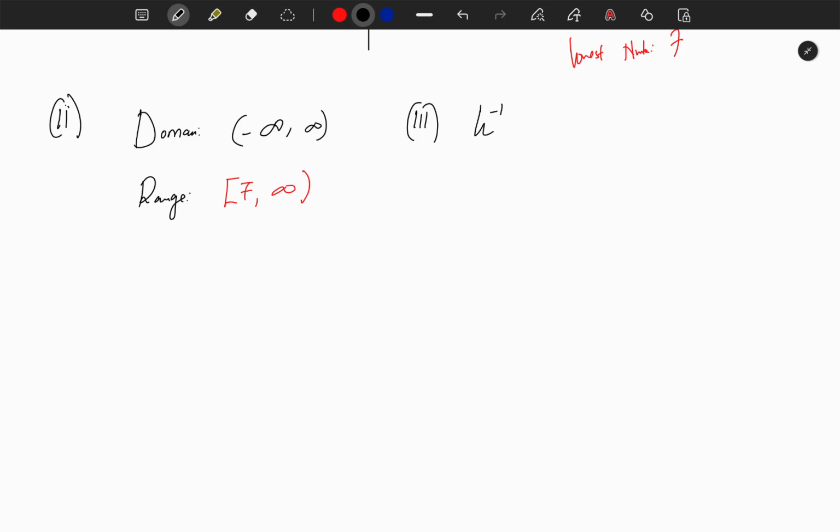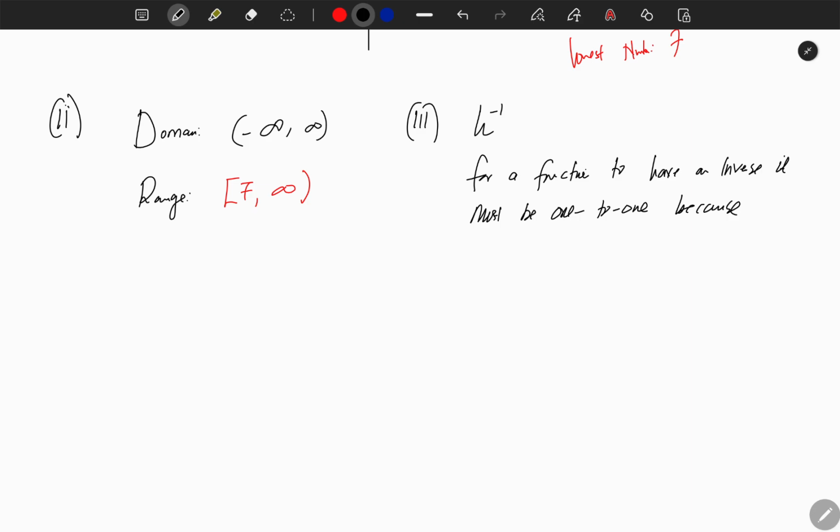It must be 1 to 1. So for a function to have an inverse, it must be 1 to 1.